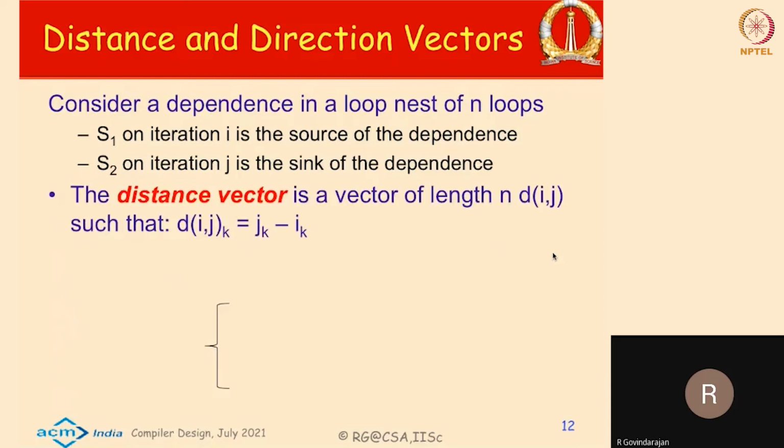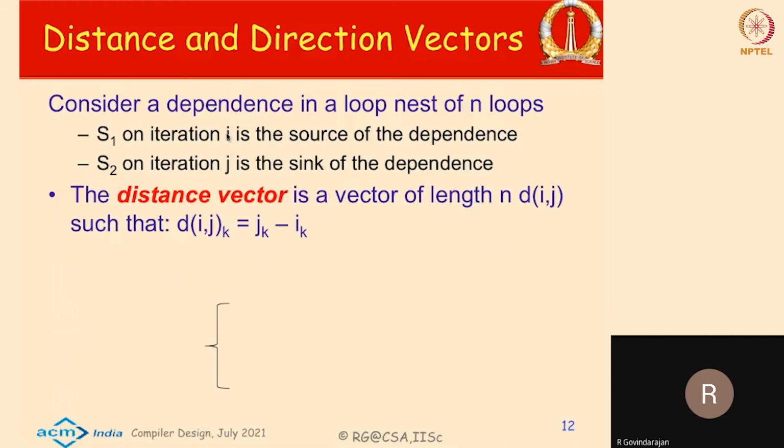Okay? And we talk about something called a distance vector, which is basically the index vector of the destination minus the index vector of the source, right? So if you take this iteration vector and subtract from it the source iteration vector, then you get the distance vector.